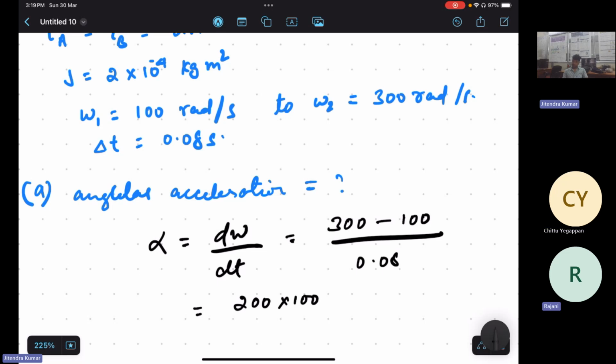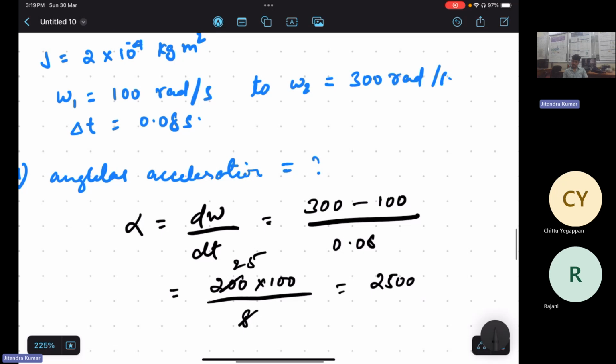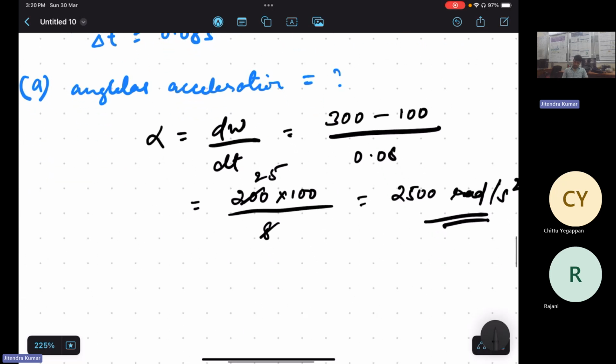Yes. So it should be 2500 radian per second square. Okay, any doubt here? Understood, sir. Yeah, you are also getting the same?